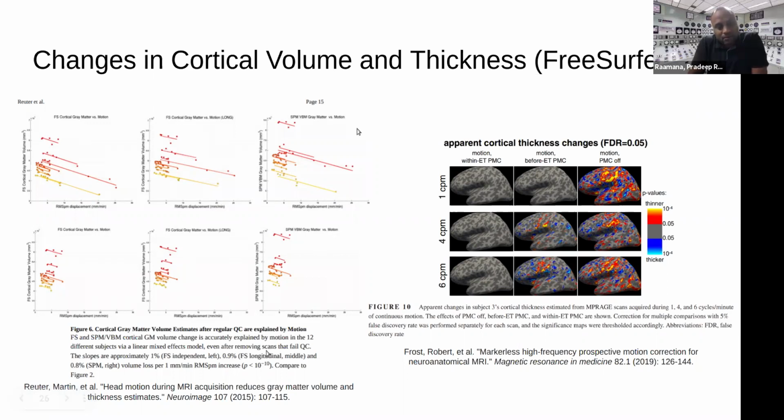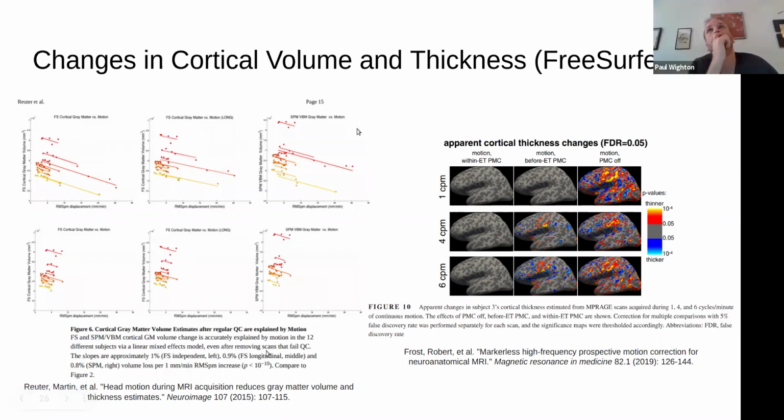We have the independent motion estimation data, and then you plot it here, and you can see that more motion leads to a decrease in both volumes and thickness. Is that decrease expected? After all, these are all estimates, right? Thickness and volume are both estimates from the image. Is it expected?